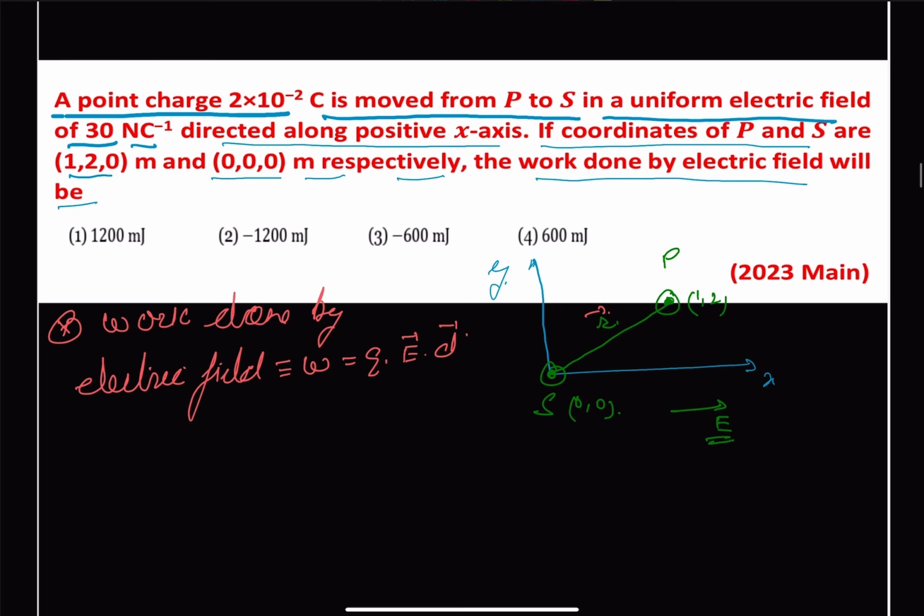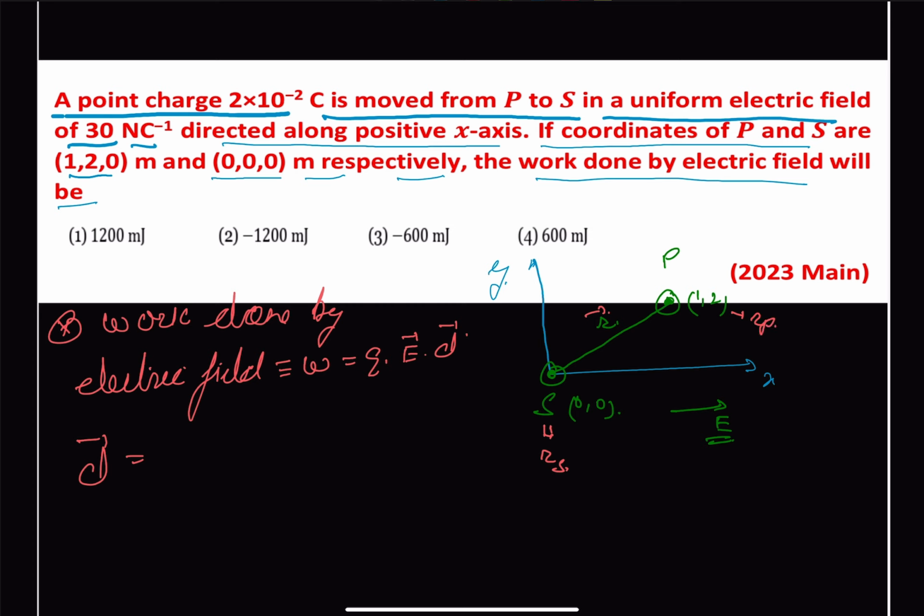And we can easily find out D. Let us suppose S has a position vector RS, and P is represented as RP.